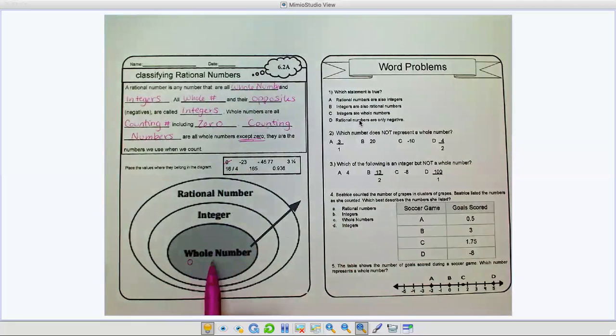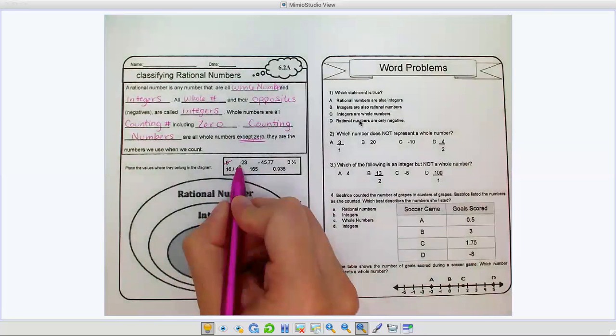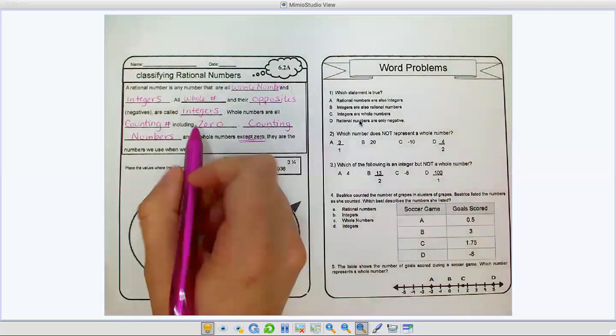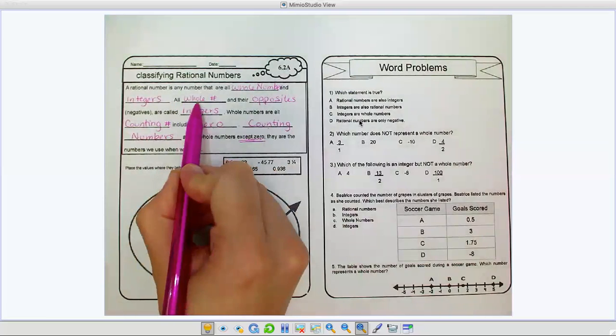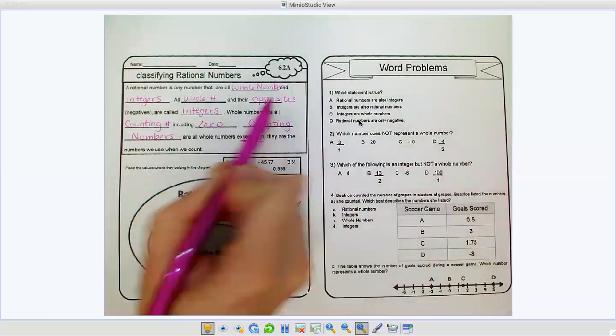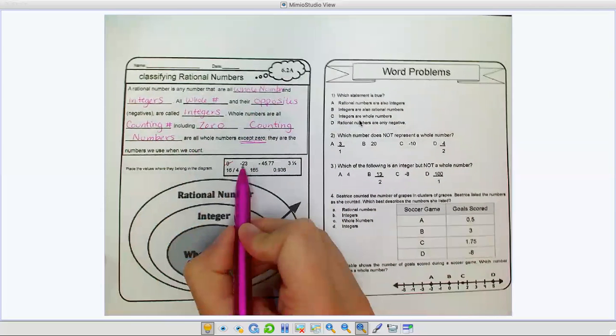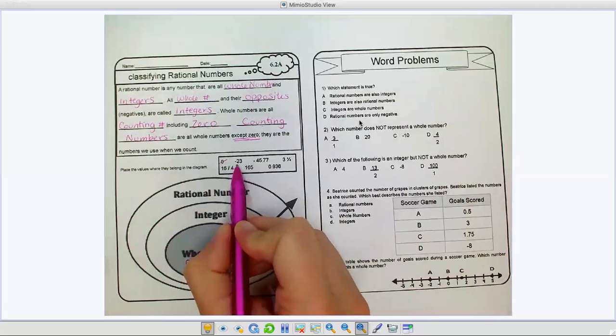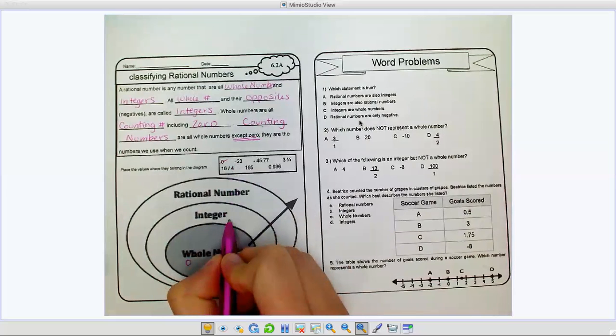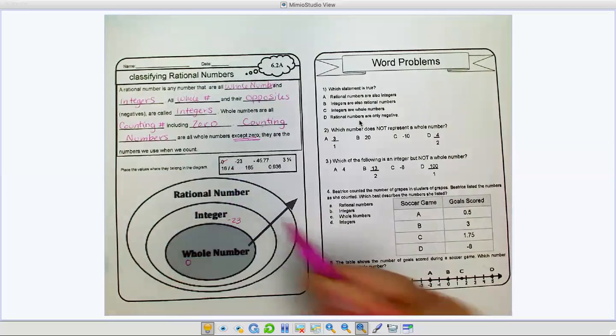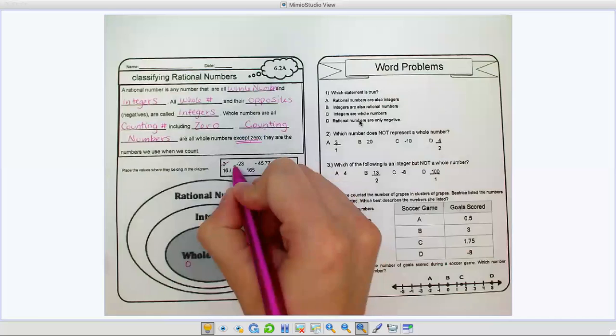However, because it's a whole number with a negative, by definition, a whole number and their opposite, meaning negative, are called integers. So because we have a negative whole number, negative 23 will be an integer. And I'll cross it off my list.